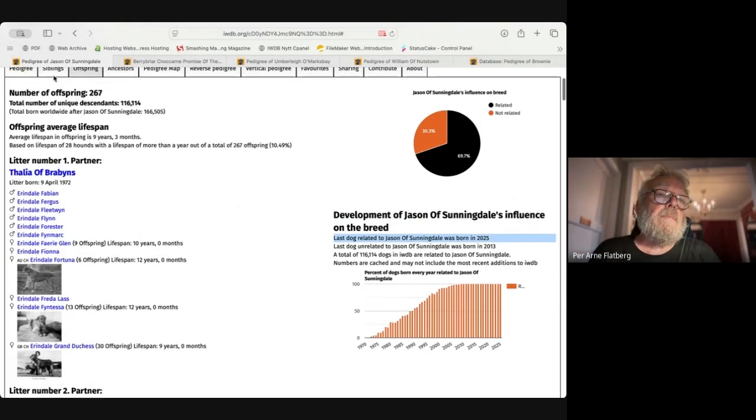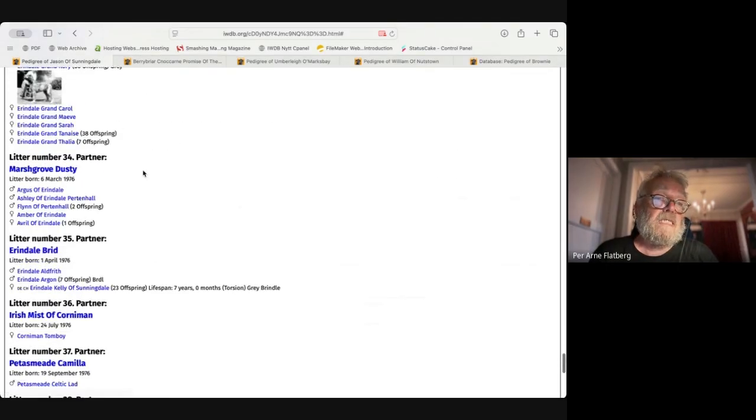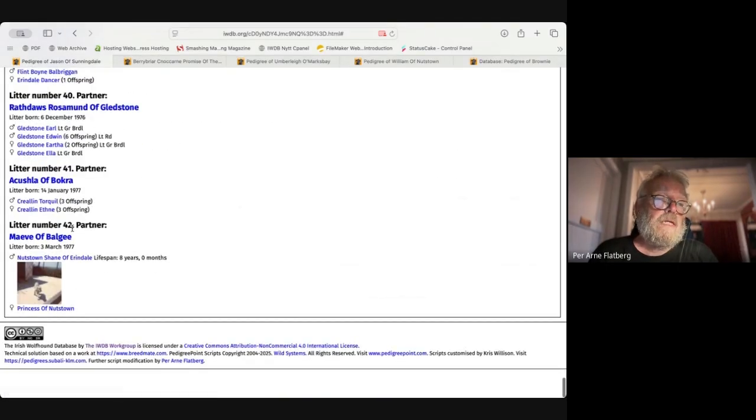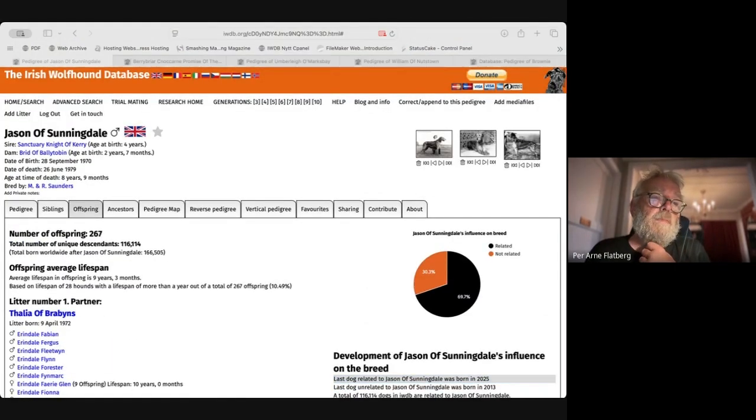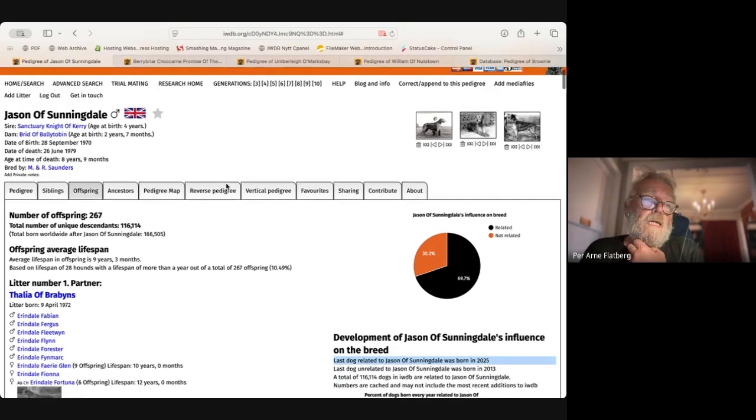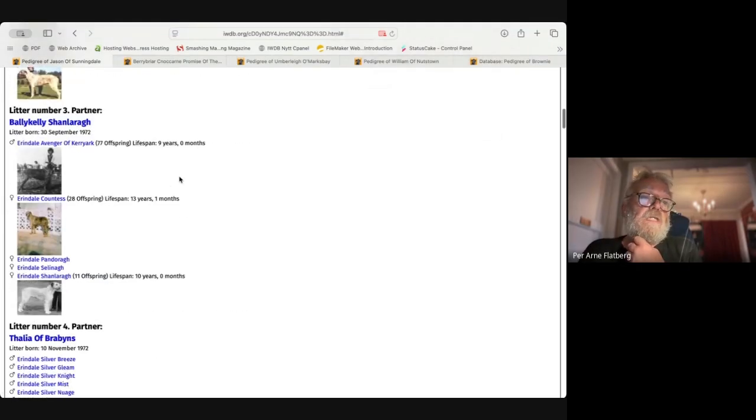So how could that happen? He had 267 puppies in 42 litters. That explains quite a bit. So if you want to create a popular sire, if you want to have a genetic bottleneck, make him have quite a lot of litters. Make sure they are exported to different countries, and preferably have him used in different countries.